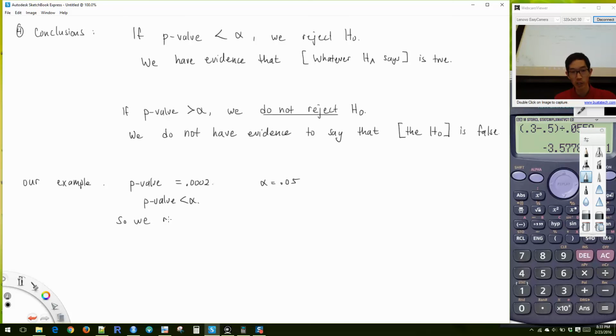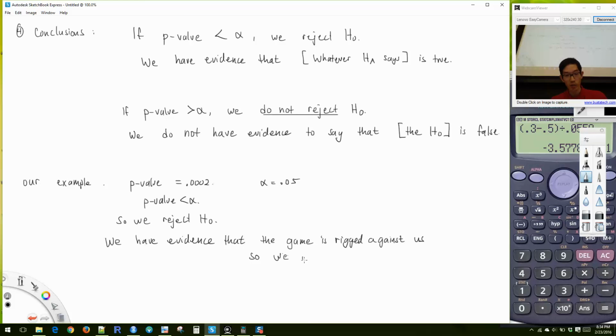So we reject the null hypothesis, and what we say is we have evidence that, and our alternative hypothesis was that the machine is rigged against us, or the game is rigged against us. Rigged against us, so we win less than 50% of the time.